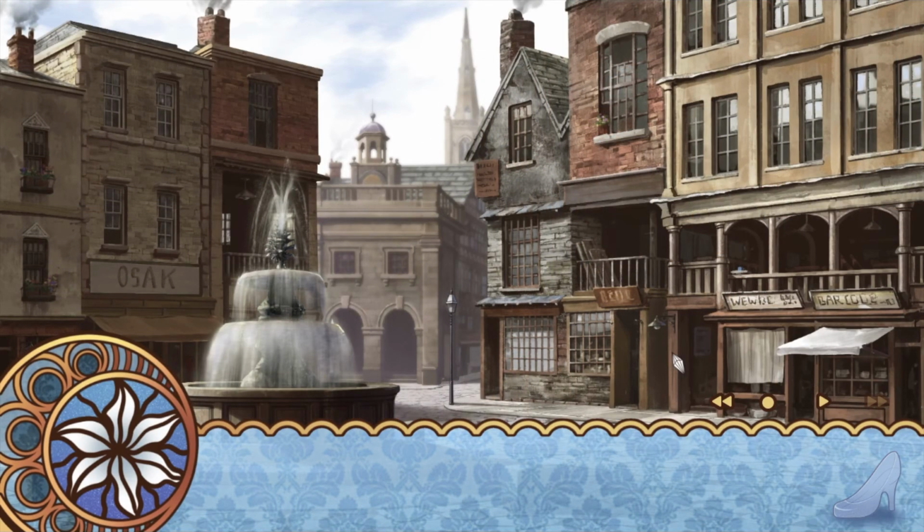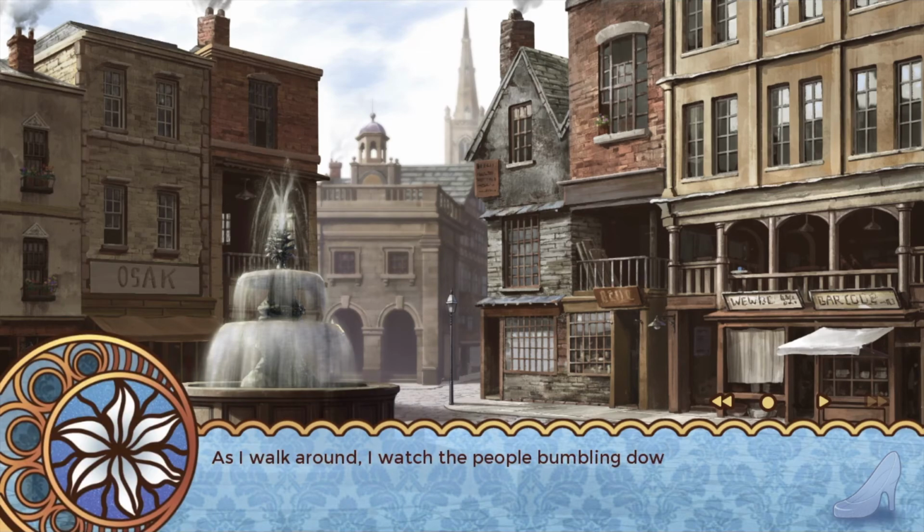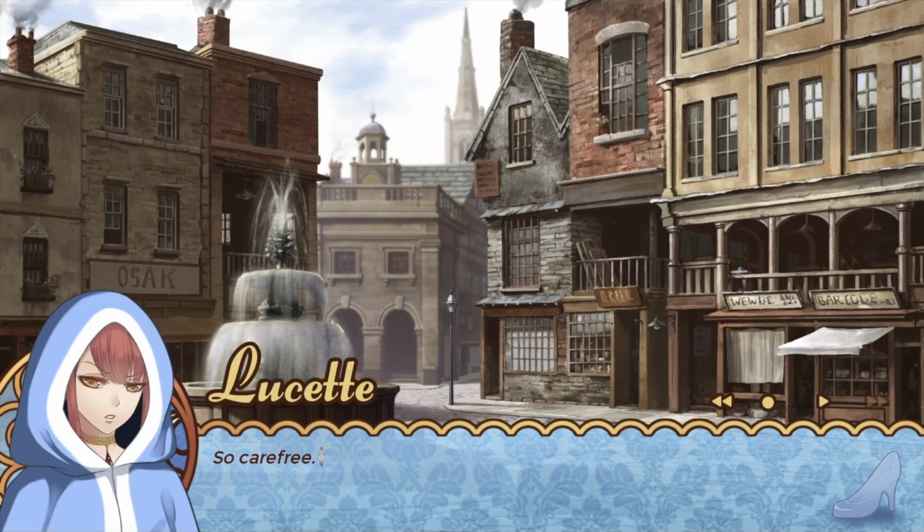I adjust my cloak, making sure my face is hidden from view. I should have never left the palace. As I walk around, I watch the people bumbling down the streets. So carefree. They work so hard for so little reward. They could work their entire lives and never have a fraction of what I have. And yet, they are happy.